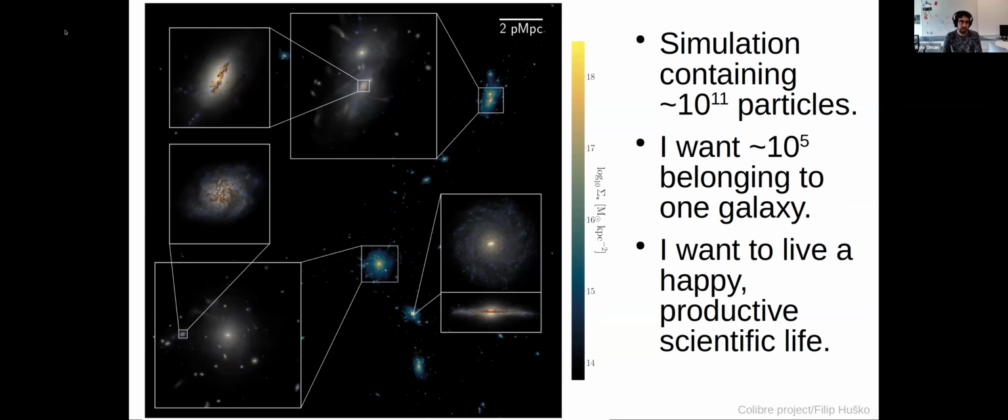This is a pretty picture taken from the Colibri simulations, where we can see some of the large-scale structure in the background, with a field of view of a few megaparsecs. It's just a density map in the background, and then zooming in on a few interesting regions, so a cluster of galaxies and then an individual galaxy, and you see the rich, fine-grained detail going on here, which is possible, of course, because we have zillions of particles.